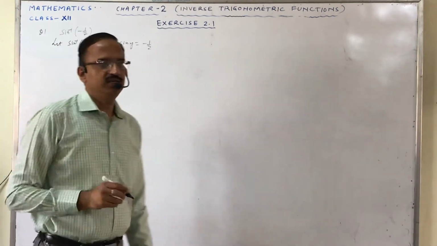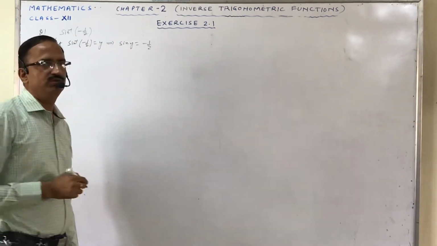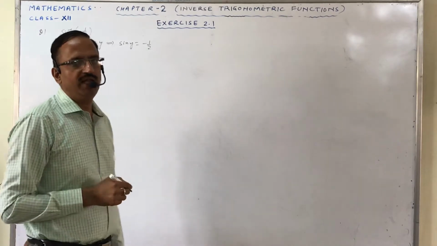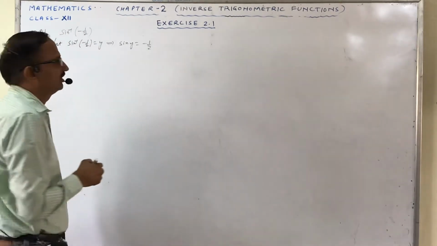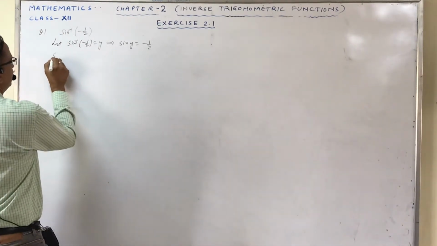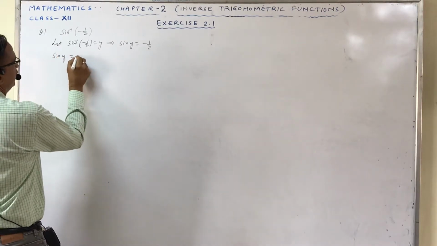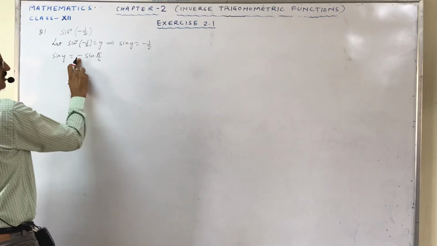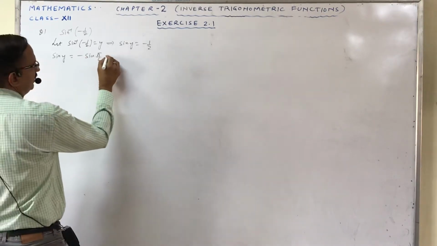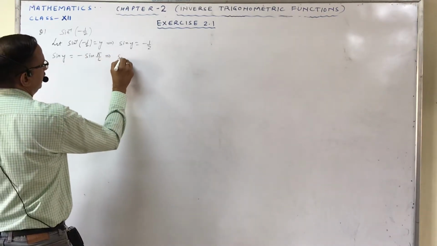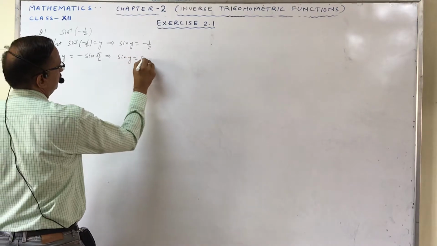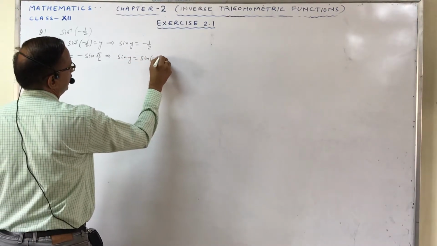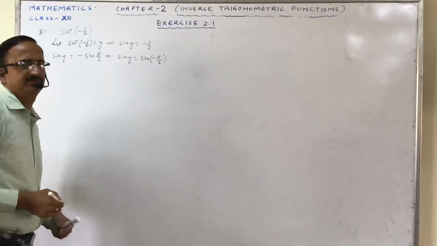And we know that this minus 1 by 2 is the value at minus pi by 6. So we will write this as sine y equals minus sine pi by 6, and minus sine theta means we can write this as sine y equals sine of minus pi by 6.